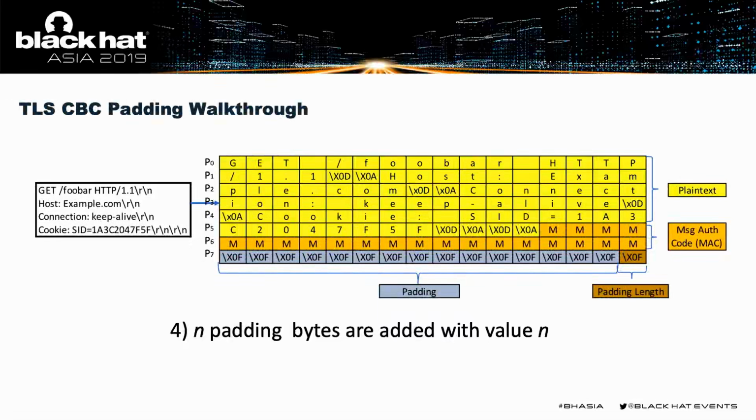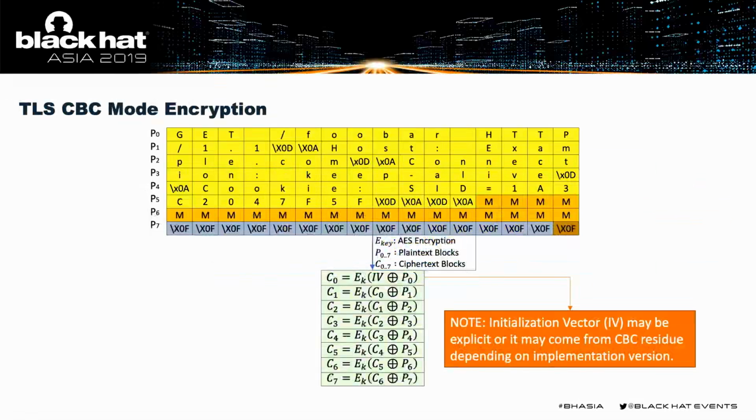Now we want to send this through for CBC mode encryption. And as you can see, what's happening here is we're going to start with an initialization vector. The initialization vector is not actually shown here, but it would either, for TLS 1.0, be CBC residue, meaning the last block from the previous message is going to end up being an input here, or in newer protocols, it's going to be explicitly set at the beginning of your message.